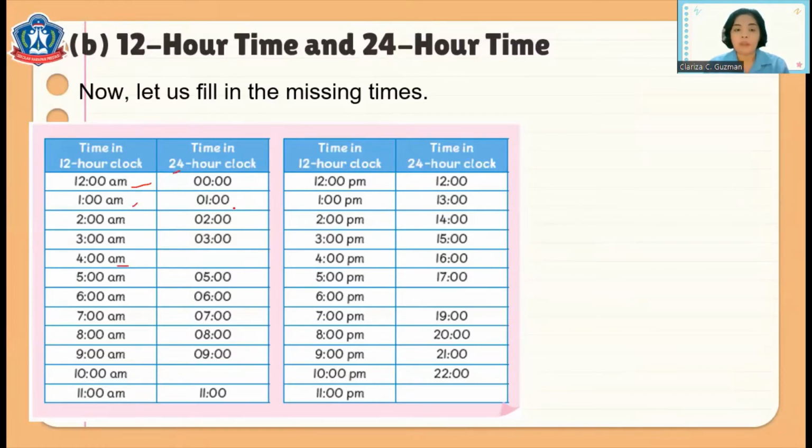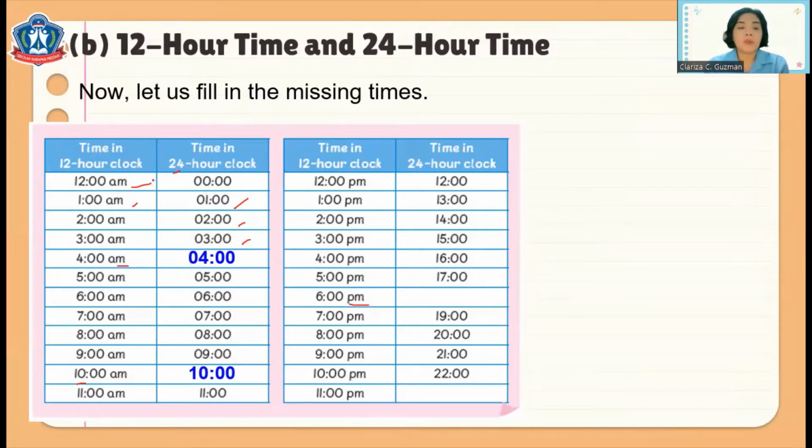If 1 a.m. is 1 o'clock, then we have 2 o'clock, 3 o'clock. So 4 a.m. is 4 o'clock. 10 a.m. is 10 o'clock. How about if it is 6 p.m.? So what have you noticed, children?